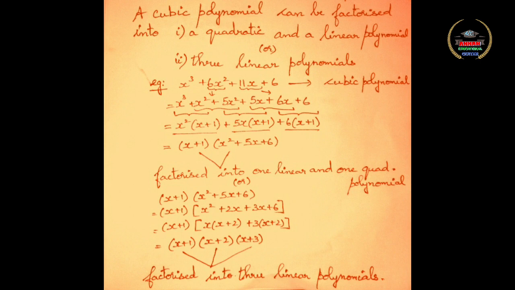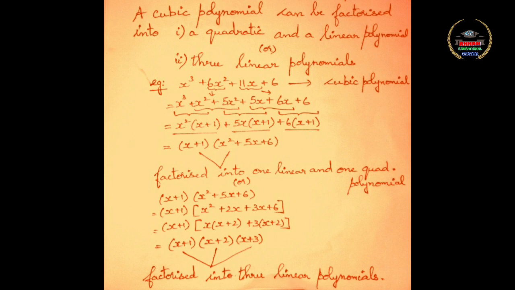Again, in that multiplication, you can see that x squared plus 5x plus 6, which is a quadratic polynomial, can be further factorized. When you factorize it further, finally you will get x plus 1 into x plus 2 into x plus 3. That is, now it is written as a multiple of three linear polynomials.